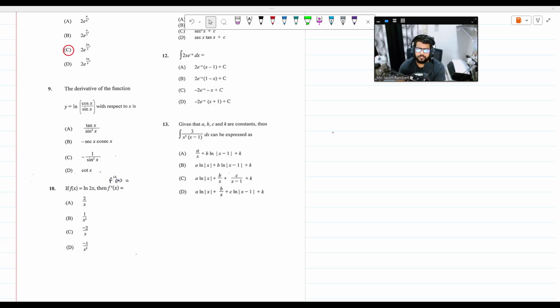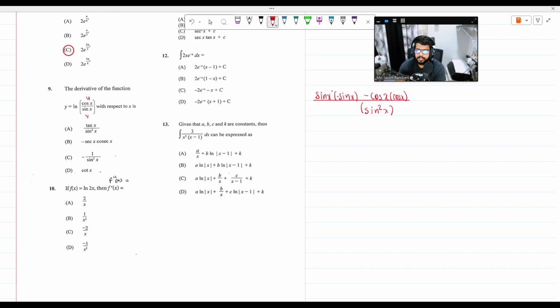All right, so when we differentiate ln, we need to differentiate the function. So I'll differentiate cos on sine. Cos on sine is u over v, so it's going to be v du dx, take away u dv dx, all over v squared, which is sine squared x.